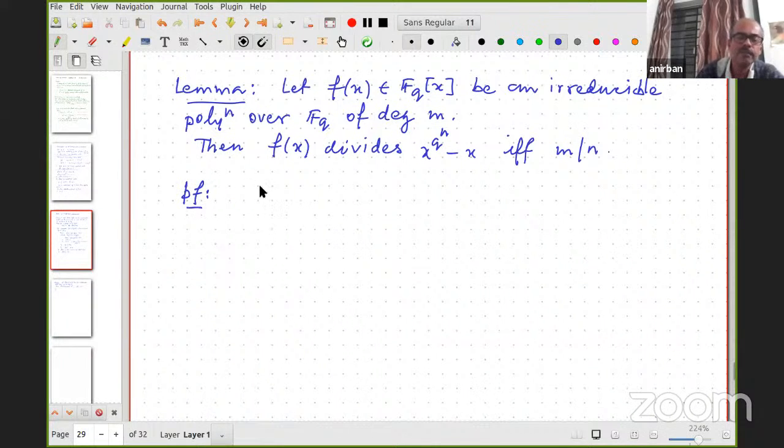So suppose f(x) divides this polynomial. We have to prove both ways.